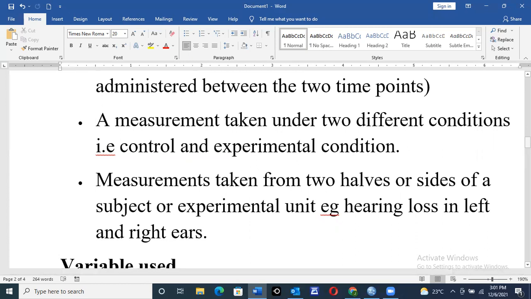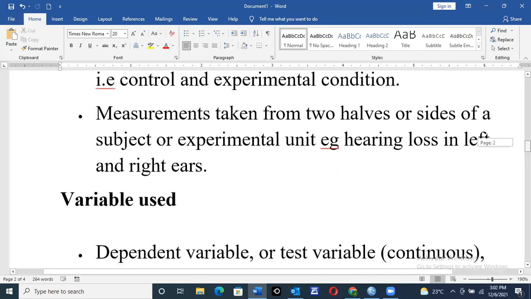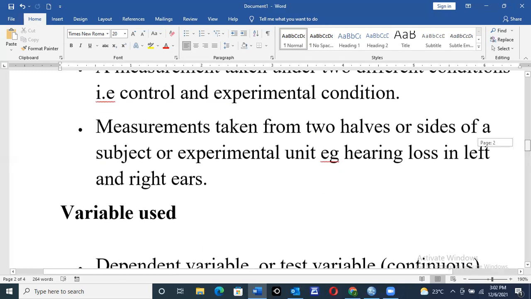Here the conditions that we have are a control and an experimental condition. The experiment is whereby you subject particular issues to maybe a certain laboratory test so that you can compare, then you get similar results. The next one is that it can also be a measurement that you take from two sources of subjects or experimental units.